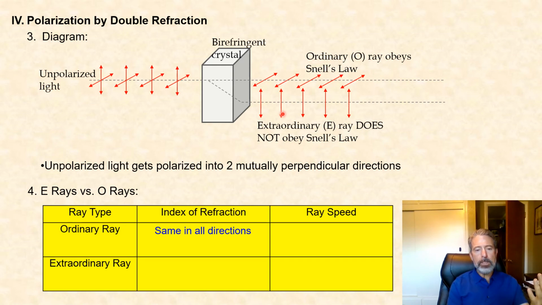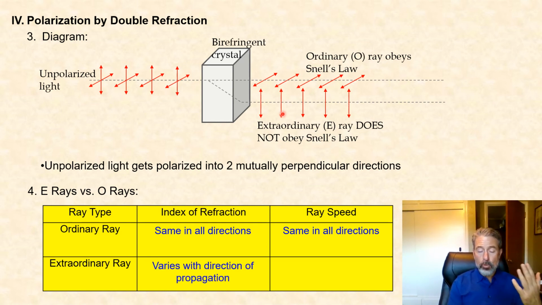So regardless of the angle of incidence of that unpolarized light, the index of refraction will be the same for all angles of incidence, which then implies that the speed of that ordinary ray will be the same in all directions, which will mean that it's going to obey Snell's law of refraction.